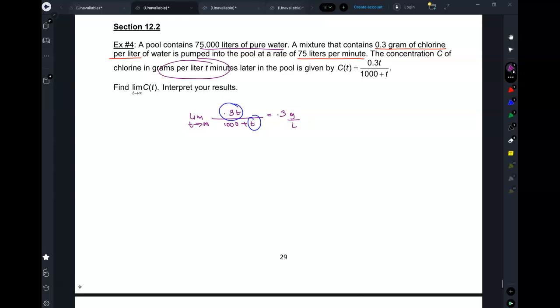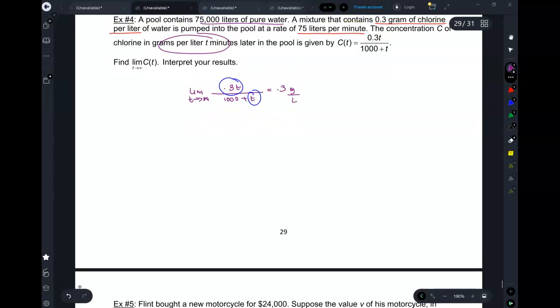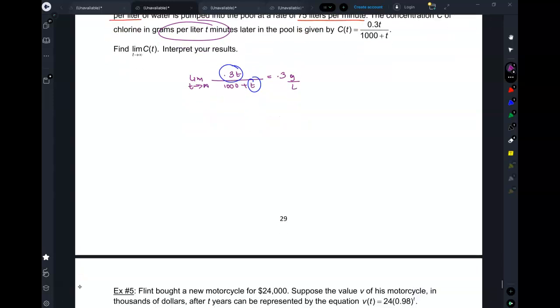So to interpret your results, as the mixture is pumped into the pool, the concentration will never exceed 0.3 grams per liter.